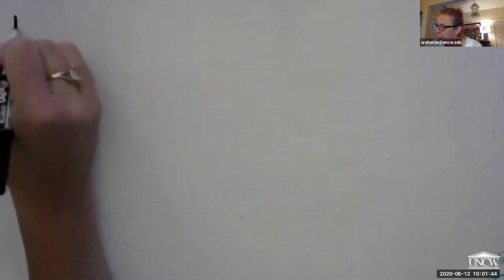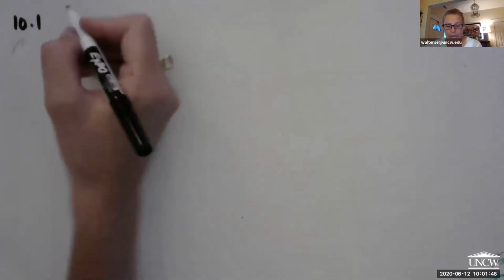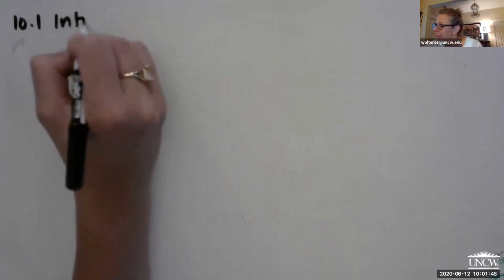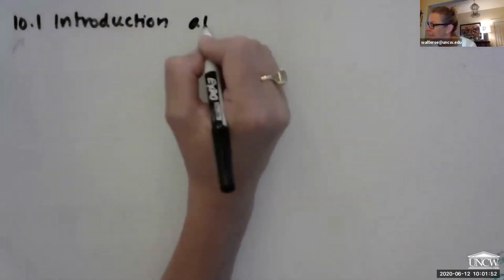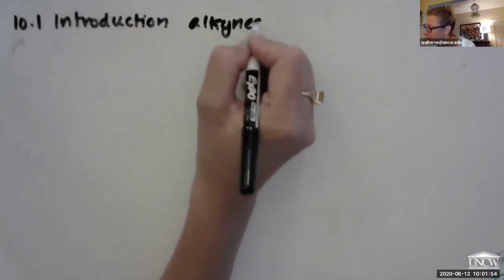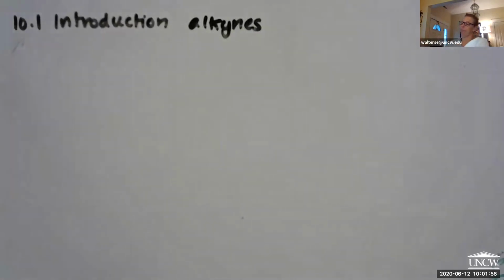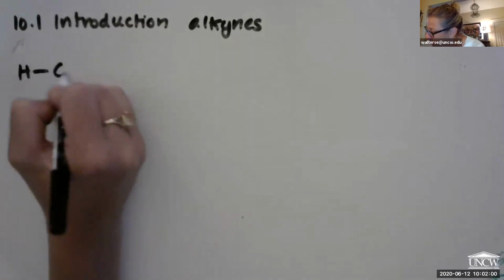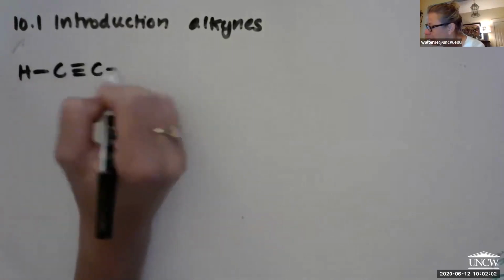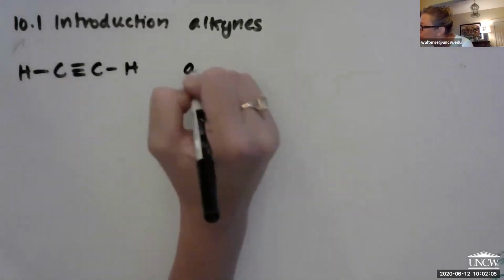So 10.1, we're just going to do a quick introduction to alkynes. When we have an alkyne, this is acetylene, that's a common name.